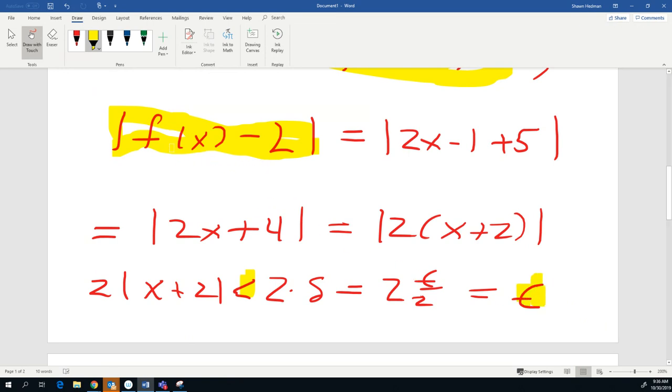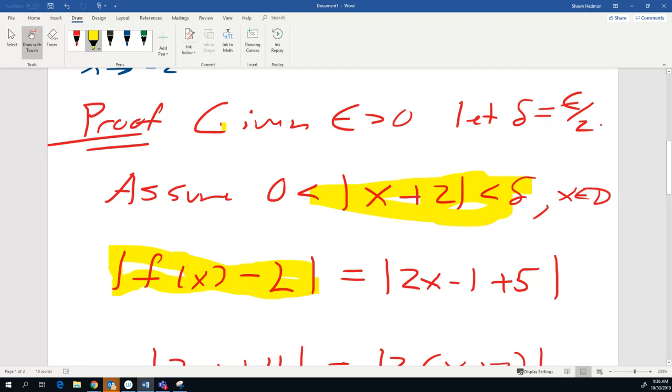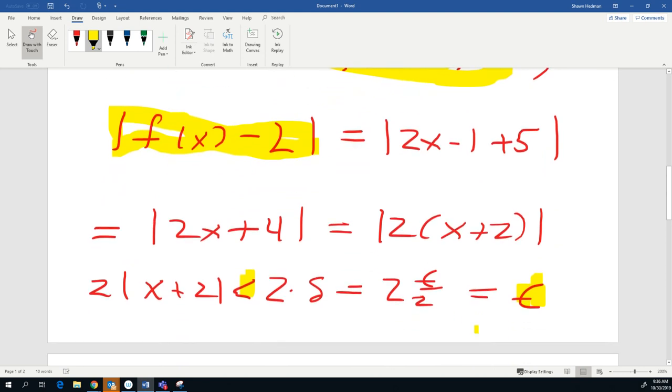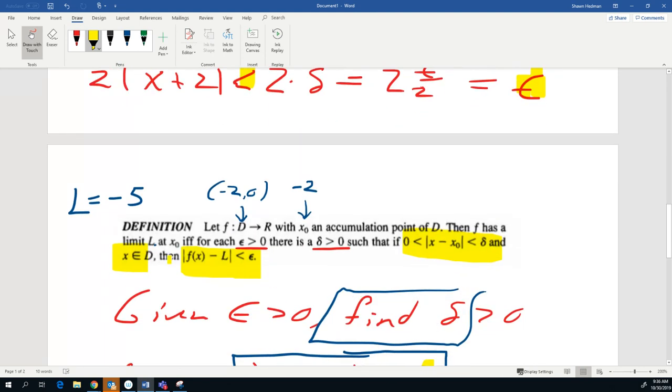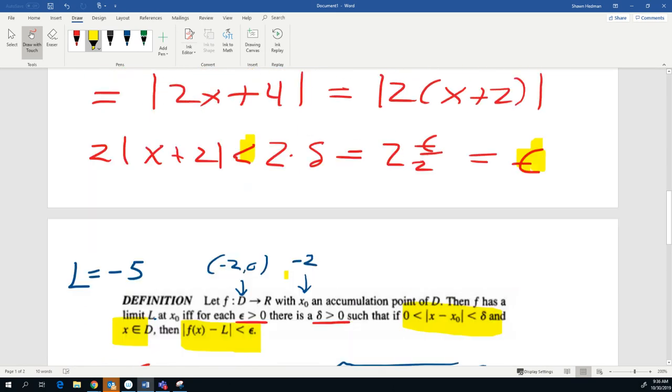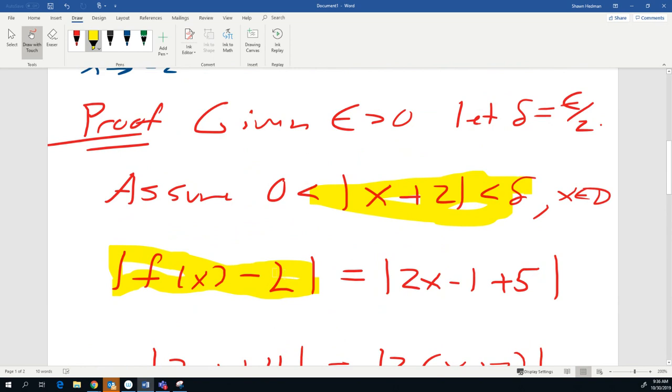So by putting this all together, assuming that the absolute value of x plus 2 was less than delta, I proved that the absolute value of f of x minus L is less than epsilon. That's exactly what we want to do in this definition. So assuming the if part, I proved the then part. And again, the key part of the proof, what makes it a proof, is I'm not assuming the thing I want to prove. I'm only assuming the premise, which is that epsilon's greater than 0. I'm assuming the if part involving delta, and then I'm proving the then part involving epsilon.